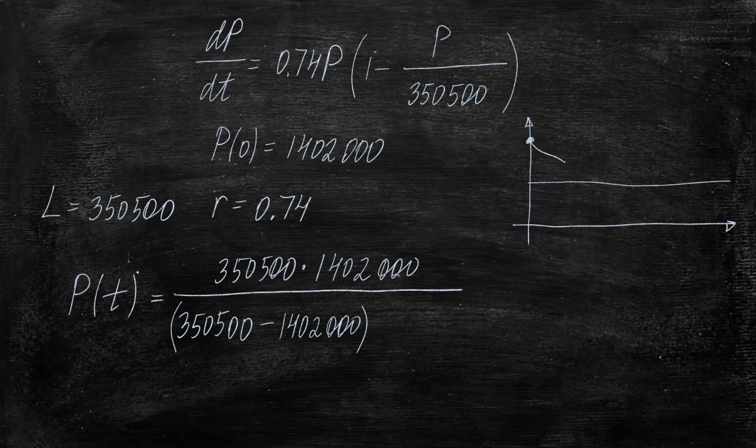Your population has to decline, right? And so let's just continue plugging it in. We have e to the power negative RT, so it's going to be negative 0.74 T, and we're going to add the P0, which is 1.